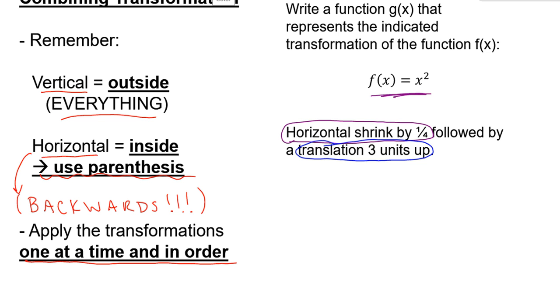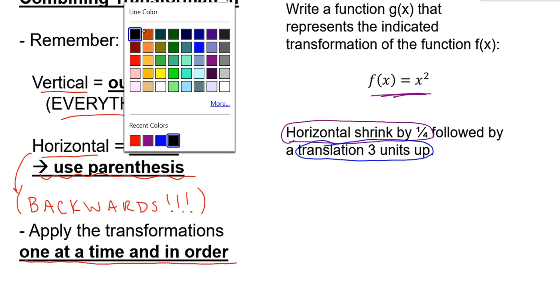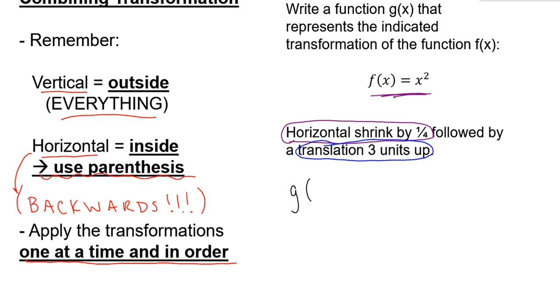This new function I'm writing, I'm going to call it g of x. That's pretty standard. g of x equals, so I'm going to start with my basic original one. Here's x squared. And then I'm going to make the changes that I need to.